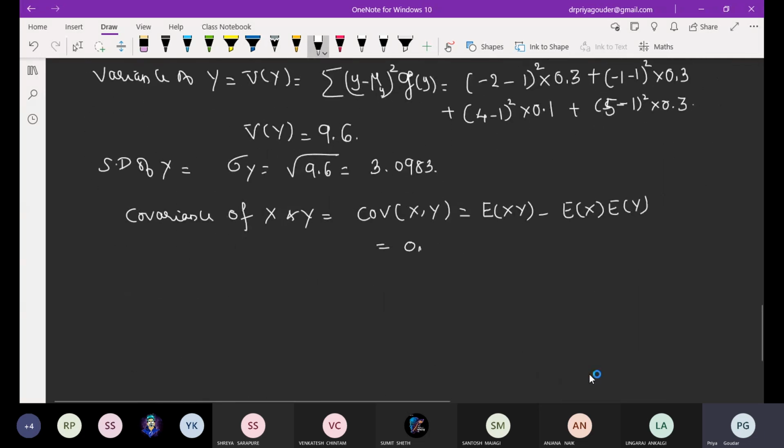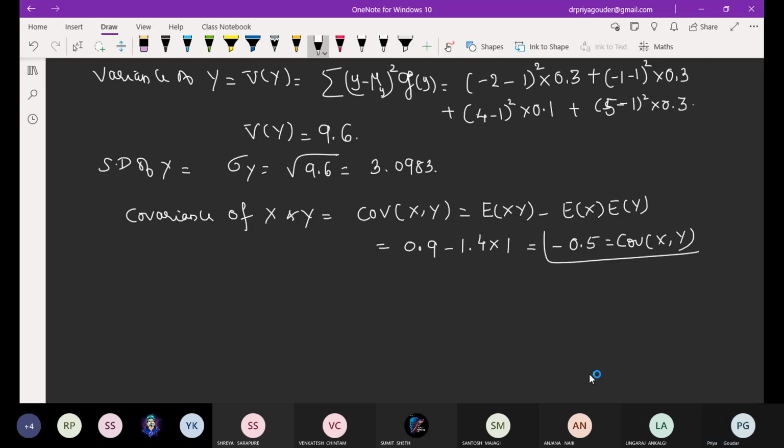This is 0.9 minus expectation of x is, I think, 1.4 and expectation of y is 1. What is the answer? Okay, covariance is negative here. Okay, this is covariance, not correlation.